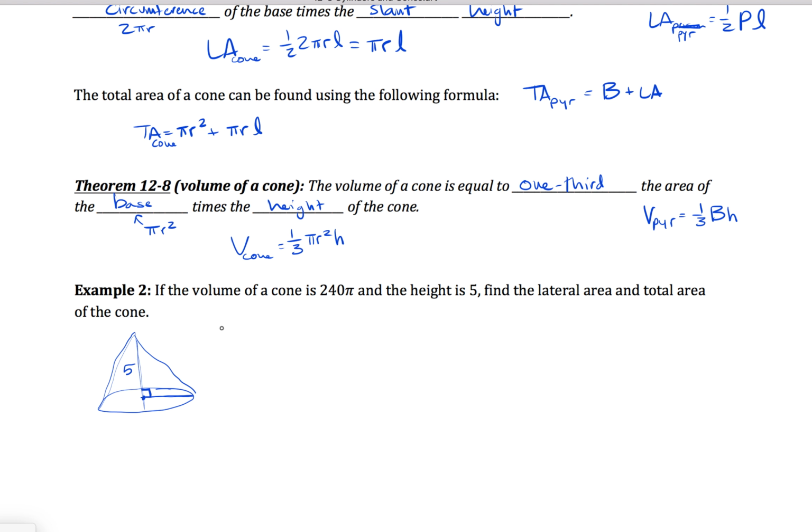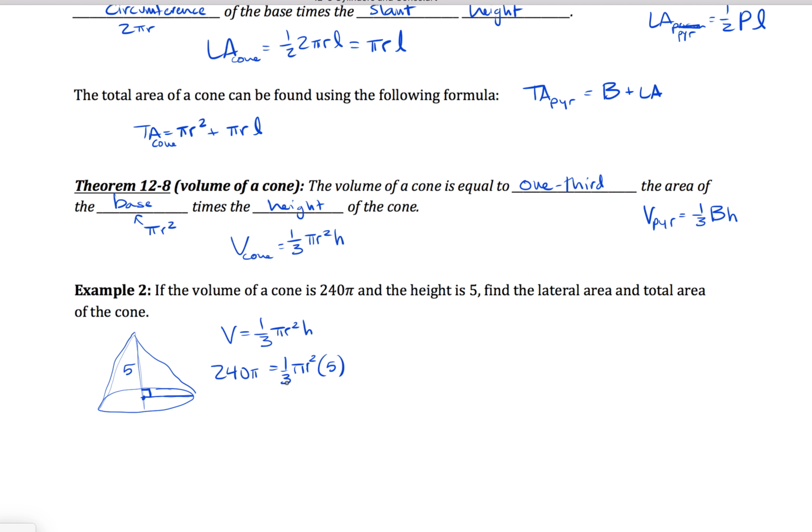Now from this, the volume is 1/3 of pi r squared h. So if I put 240 pi where volume is, and I fill in 5 for the height, you can see I have a formula now. It's an ugly formula, but I have a formula that I can solve for the radius. So let's go about doing that.